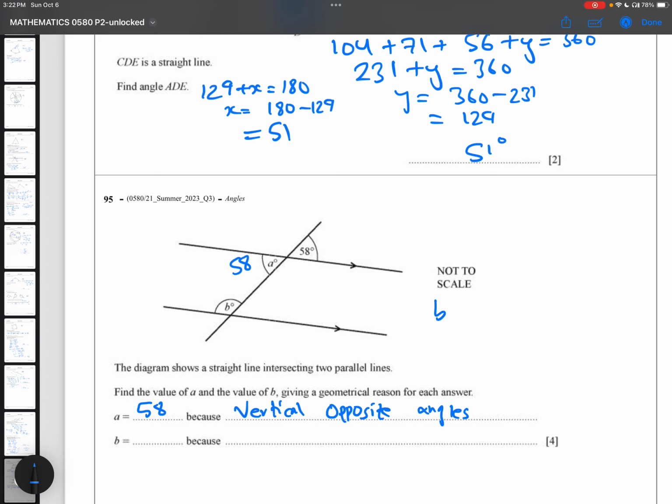So B plus 58 will be equal to 180, and B will be equal to 180 minus 58, that is 122.